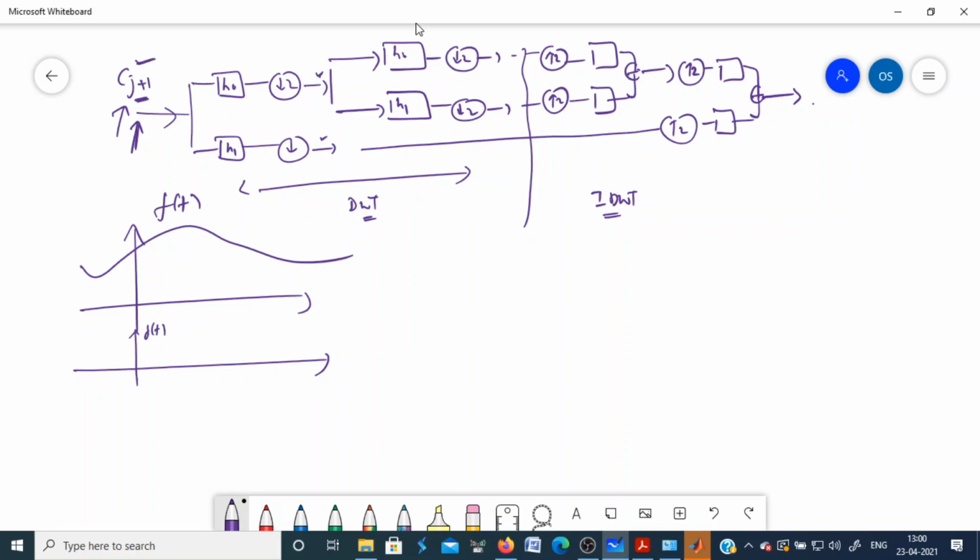Because suppose you take a Haar function, it is 1 from 0 to 1. At a scale of j equal to 1, it is compressed by a factor of 2, so it becomes half. If you compress it still more, it becomes 1 by 4, then 1 by 8 and so on. So if the scale is very high, this scaling function can be approximated to an impulse signal.